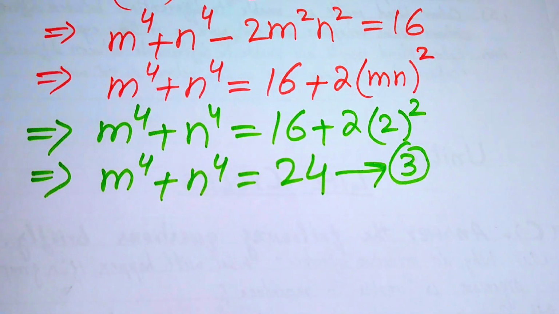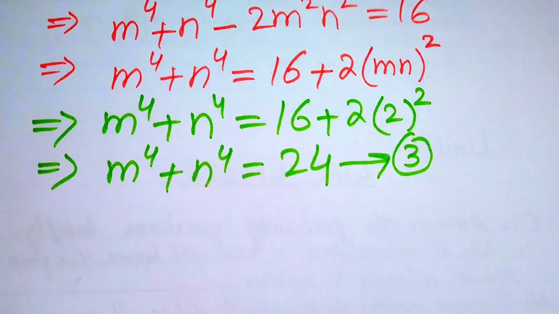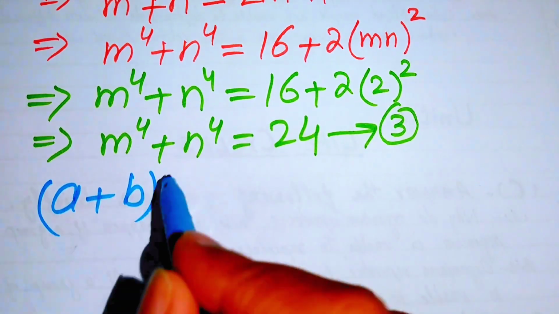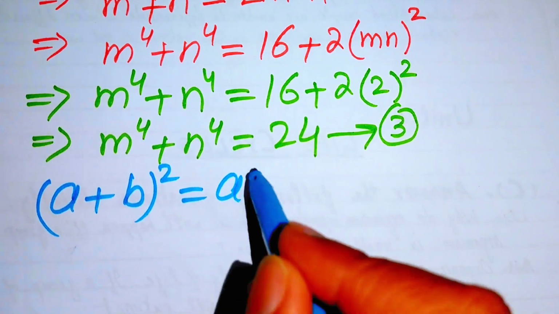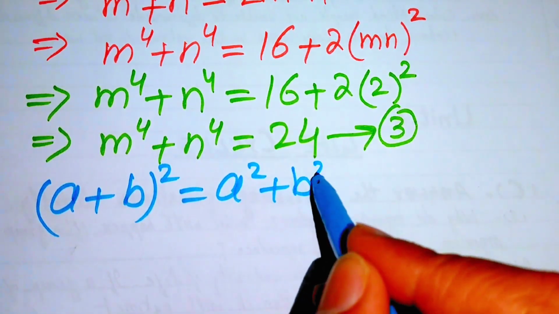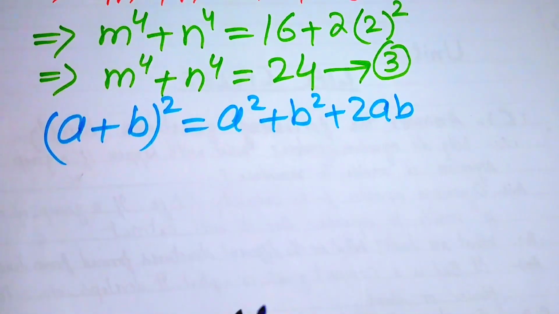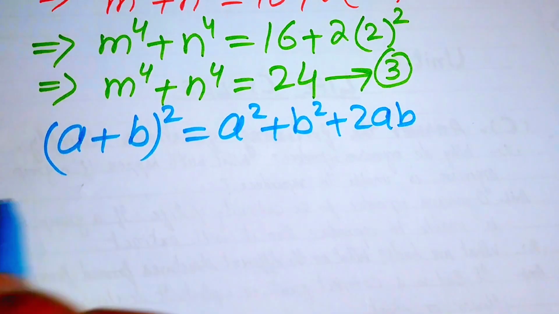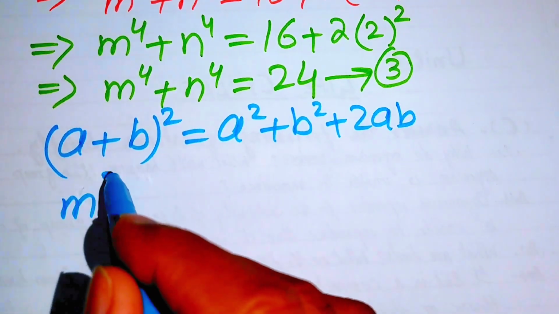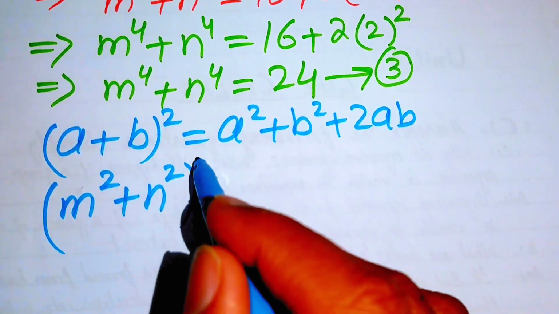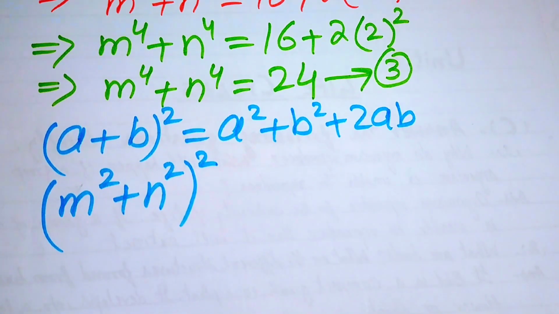And now here you know that the square of a plus b, we know that a plus b whole square equals a square plus b square plus 2 times ab. So here I can just take the square of m square plus n square. So now we find the square of this term.